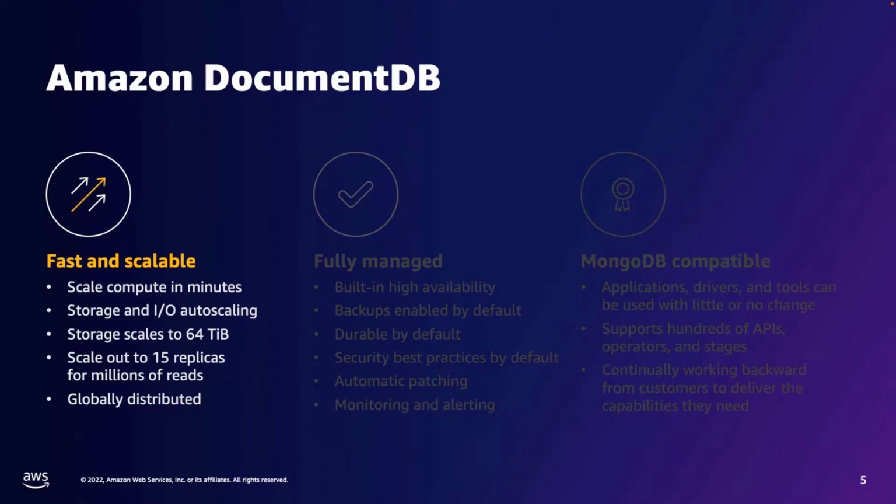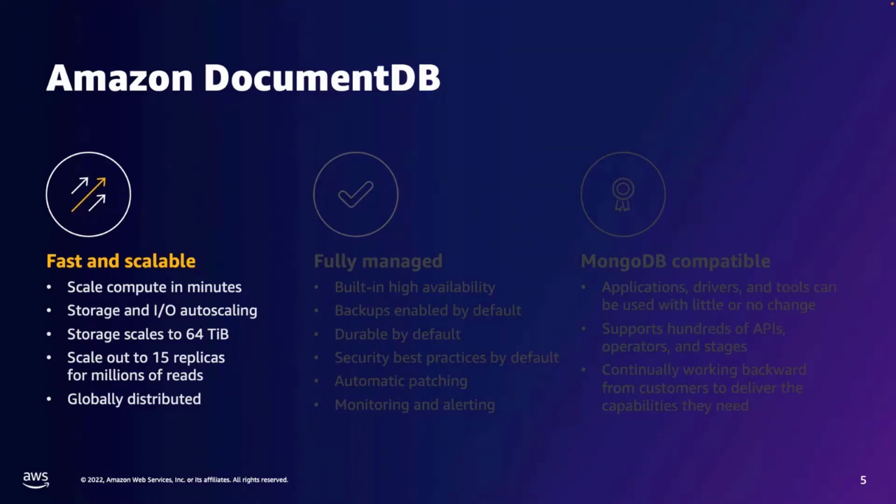For example, storage scales from 10 GB to 64 TiB regardless of how large or how many compute instances you have. There is no command, CLI, or operation you need to interact with the storage volume. It is all managed by AWS.